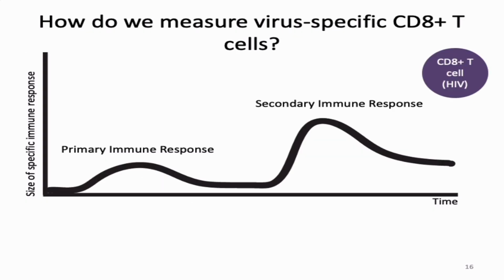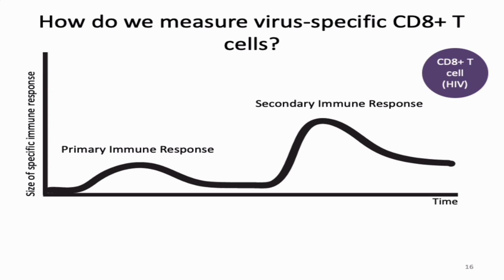So when I was in graduate school, I did some experiments where I infected mice with some viruses or gave them some vaccines and tried to make graphs like this. In fact, I have published graphs that look like this. It's just a cartoon version.